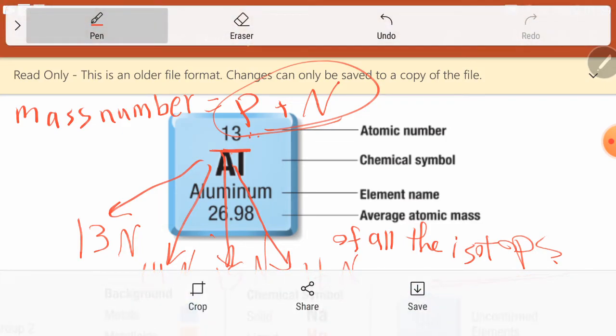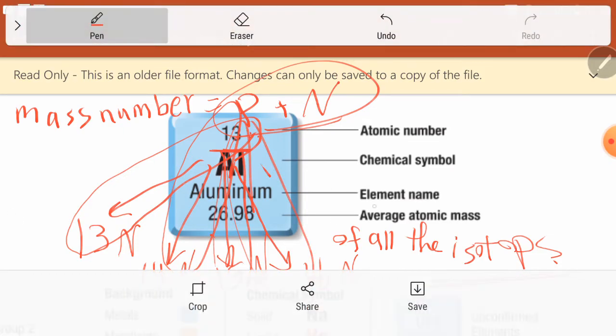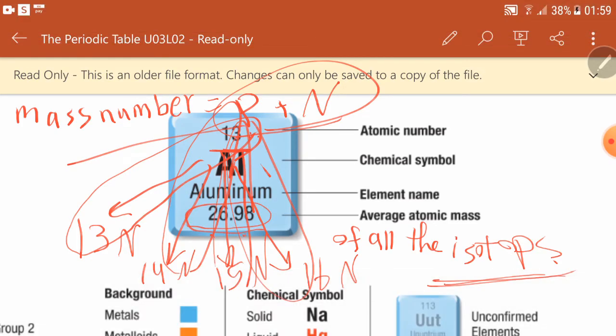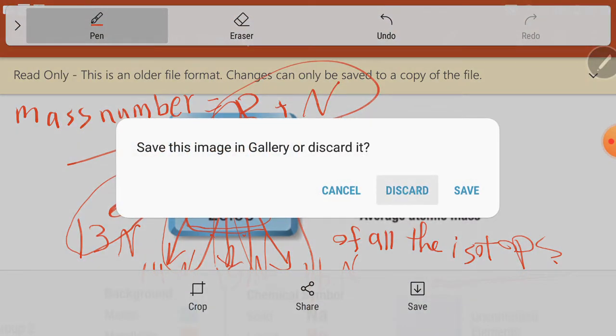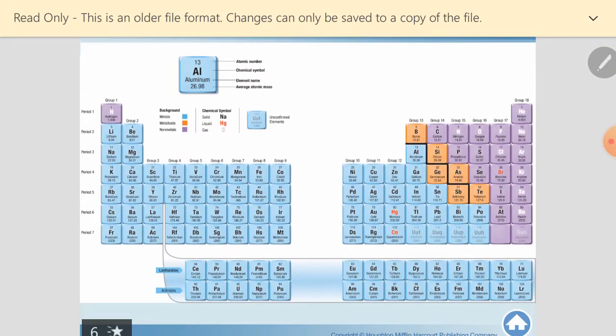Okay, so if we take the mass number for each, then we add them all together, then we divide them by 4, for example, or maybe there are more isotopes or fewer isotopes, we will get finally this number. That's it. This is for the atomic mass, the average atomic mass.